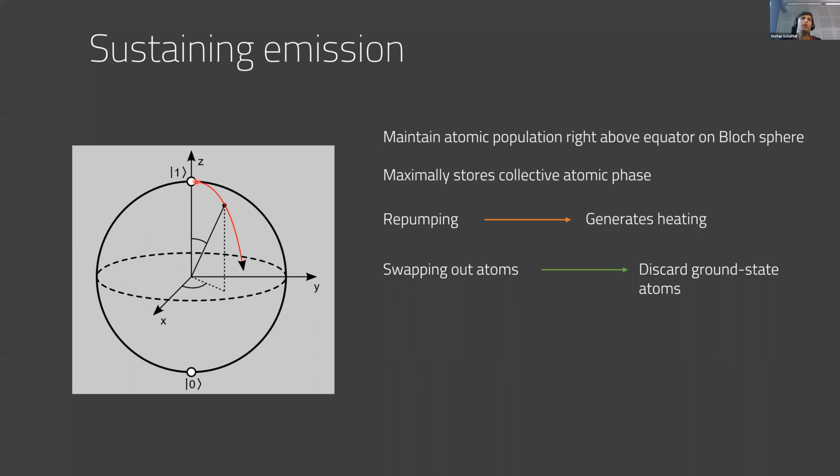So as the dipole starts to decay from the north to the south pole, we reach the peak of the emission right around the equator. Right around the equator is also where we're maximally sensitive to the phase of the system.